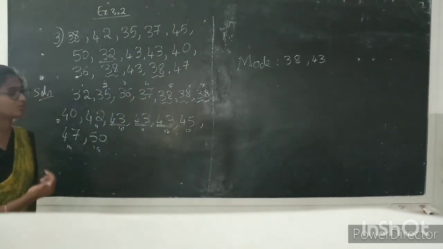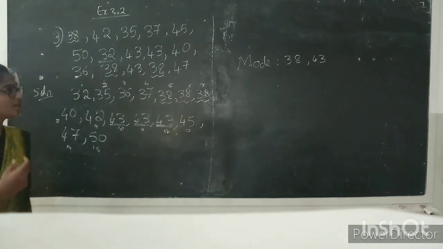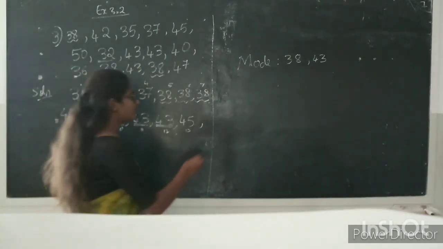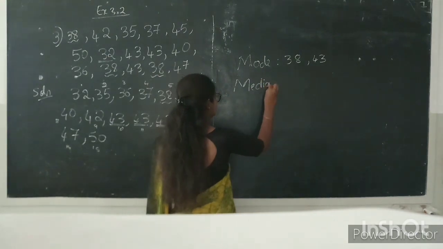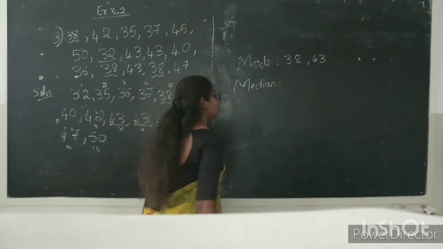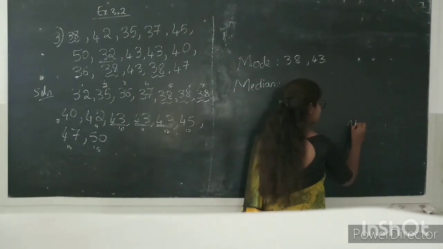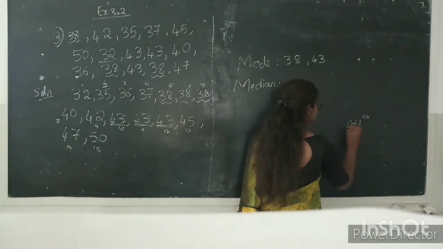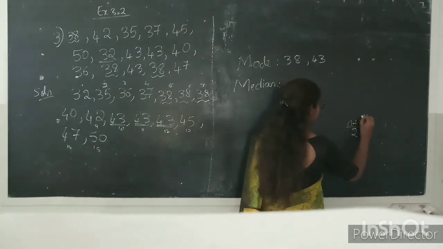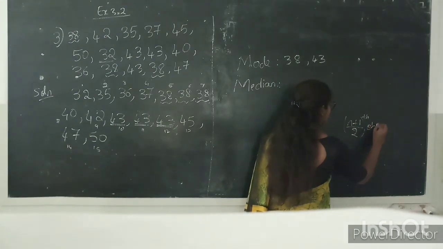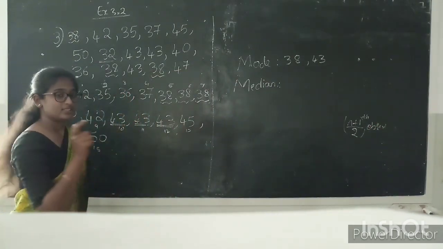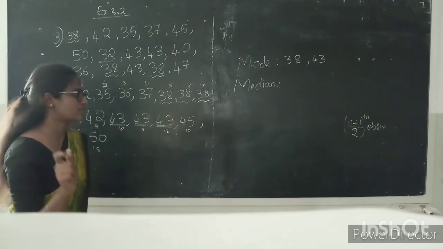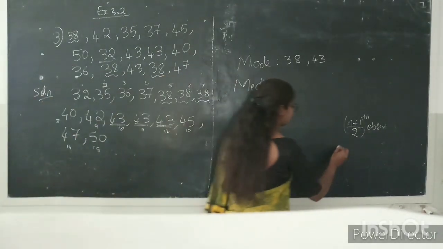The next value that we have to find here is the median. To find the median, we have learned that we can use the (n plus 1) by 2 observation. In this data, the number of observations is 15.